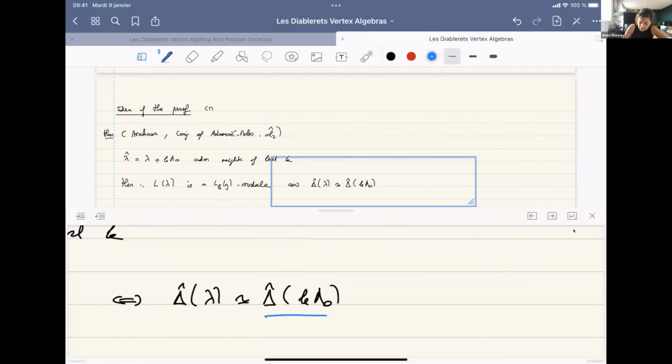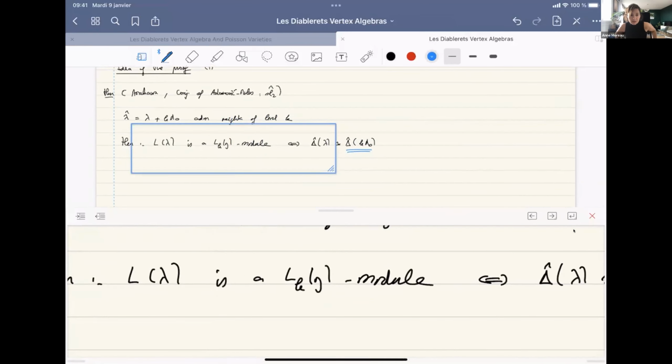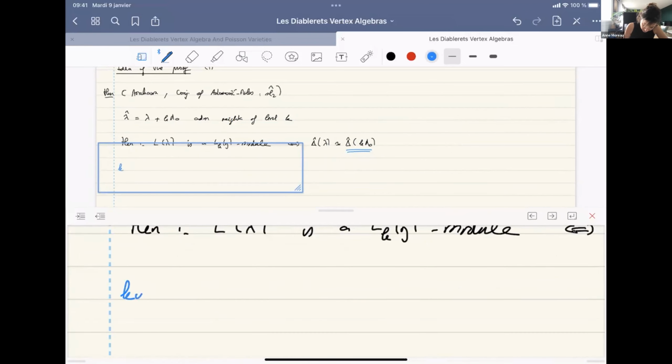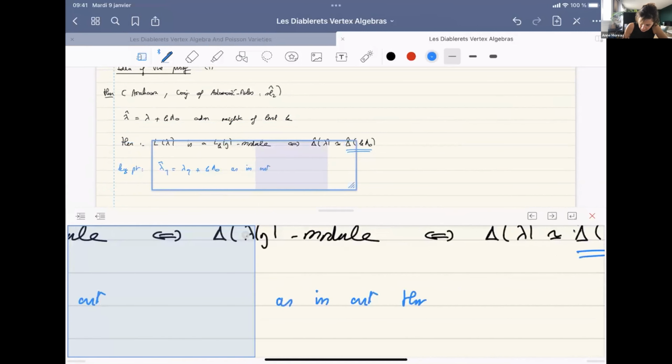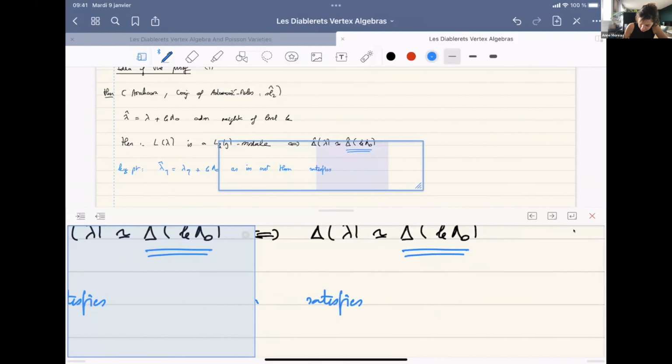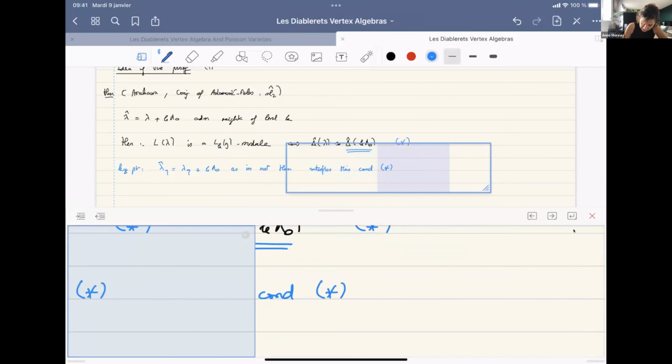And this one is easy to describe. So this is a condition. No need to express this combinatorial condition, but what is important is that we have a characterization of lambda such that L lambda is an LKG module. And now the key point in our proof is that our lambda Q hat, associated with our lambda Q as in the theorem, satisfies this condition. Let me call it star, plus it is admissible.